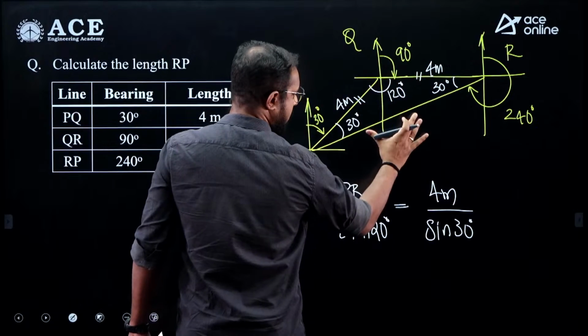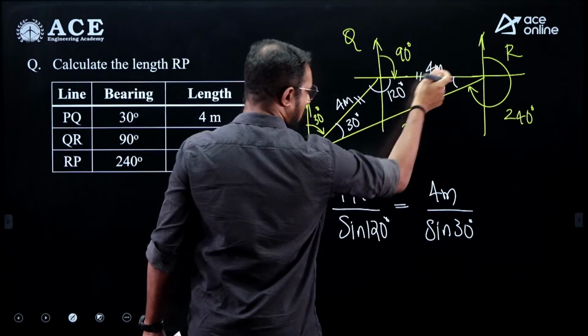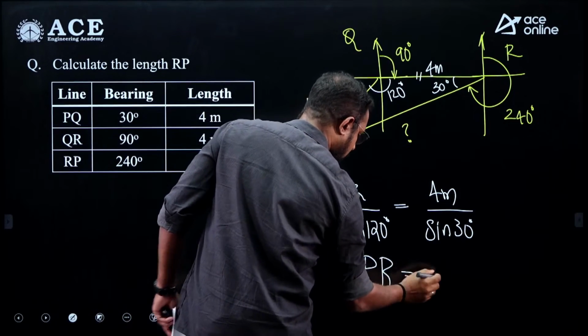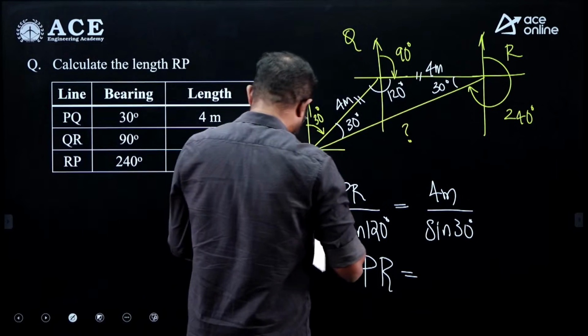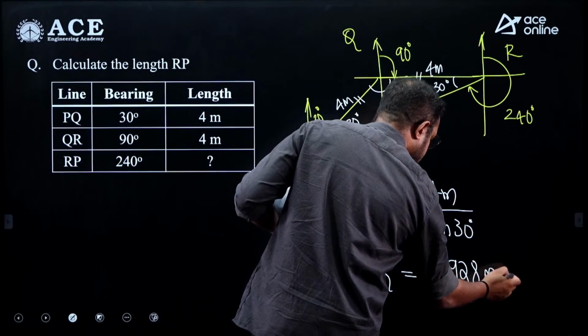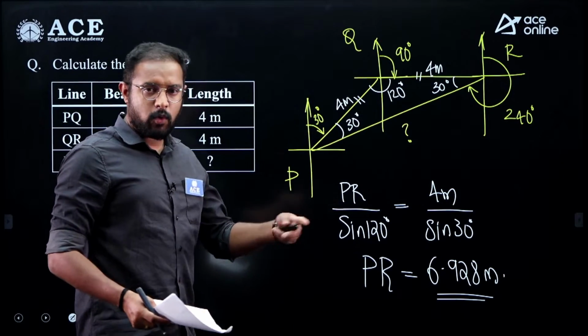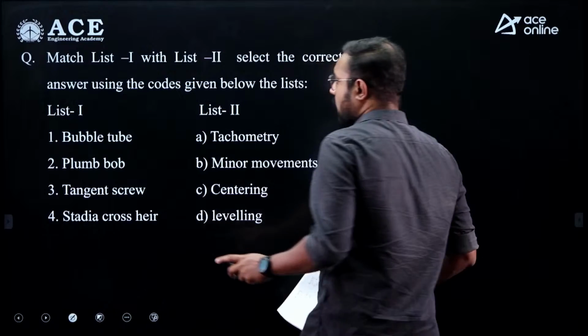So this length by sine of this angle is equal to this length divided by sine of this angle, or the other way also. So from this, what is the value of PR you are going to get? We are going to get it as 6.928 meters. So more angles, you go with sine rule. If you know more sides, you can go with cosine rule. That's it. Now next step.